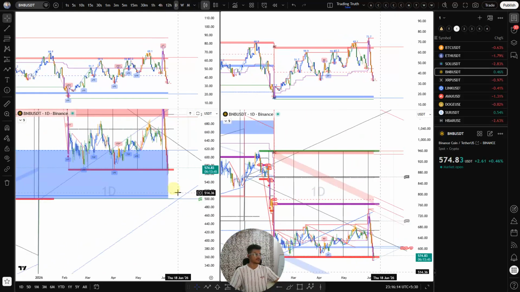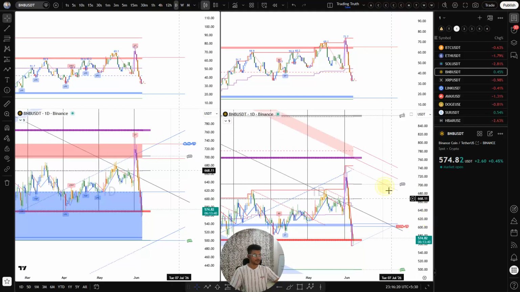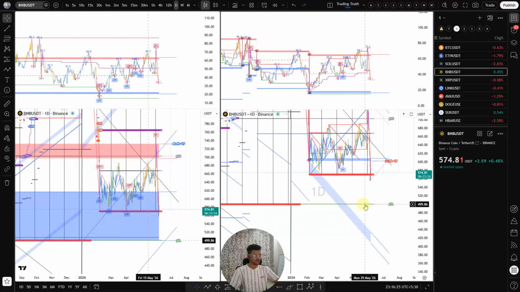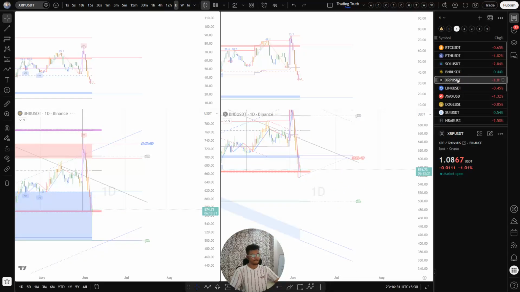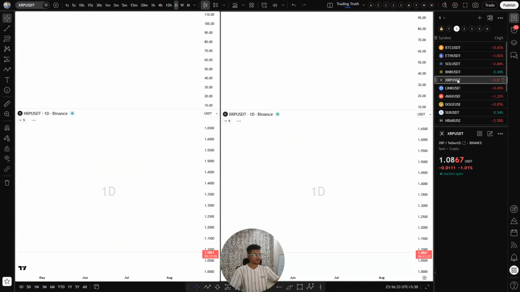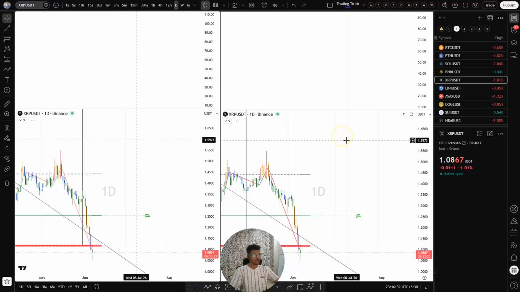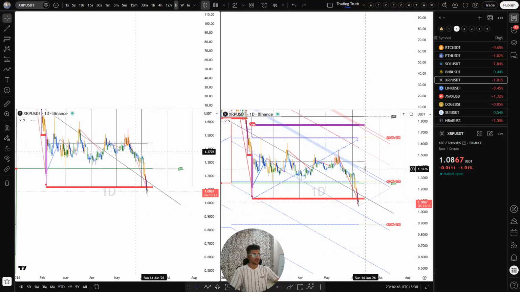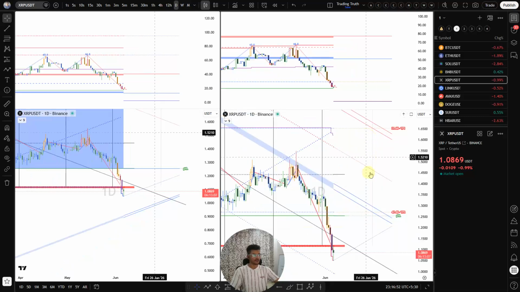BNB, yeah, trust. And this is previous year low, so it might go to previous year low and test that, on BNB. XRP, all markets are at the lowest point, you know, and if it's at the lowest point, it can even go lower.